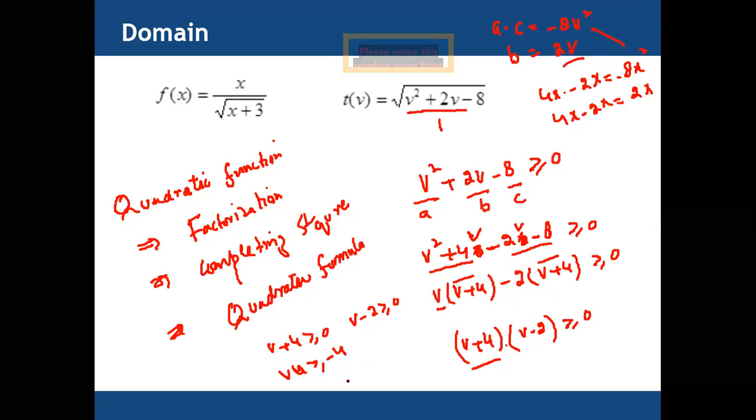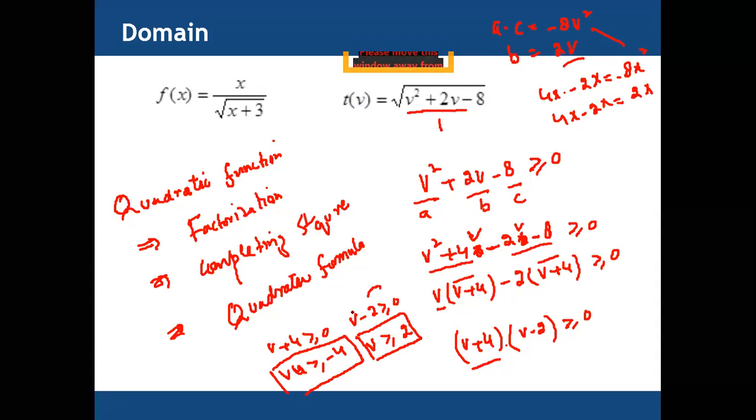Second, if you transfer minus 2 to the other side, v is greater than or equal to plus 2. So these are the values: v greater than or equal to minus 4, v greater than or equal to plus 2.